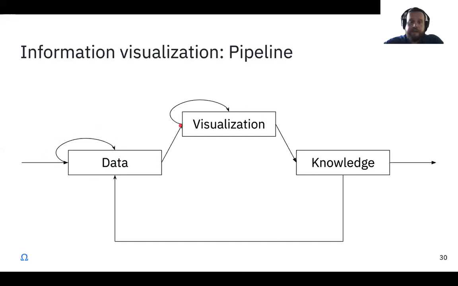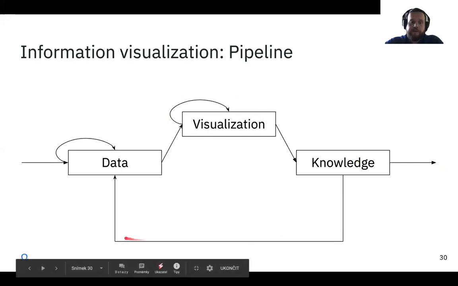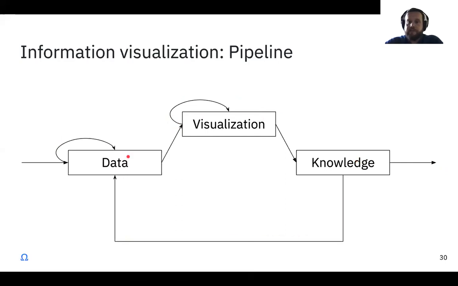Then you design your visualization that can be interactive, so you're not just looking at a static chart, but rather interacting with the visualization, and then you hope to gain some knowledge, which either can be enough for you, or you need to go back to collect more data and start the process all over again. So this would roughly be the pipeline from the design perspective.